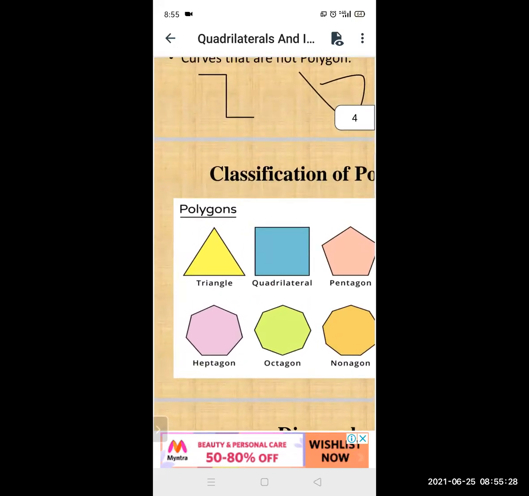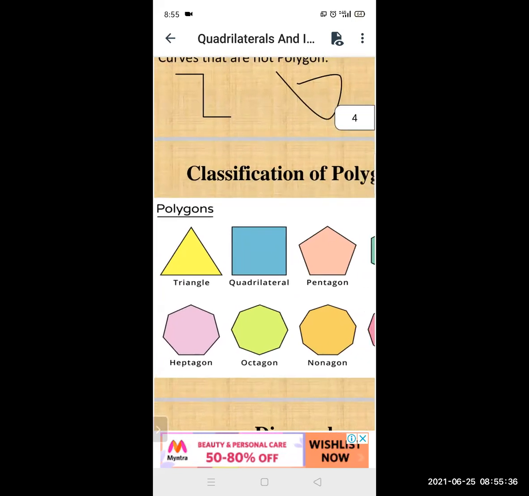Using three lines we can form a triangle. If we join four lines, we get a quadrilateral.